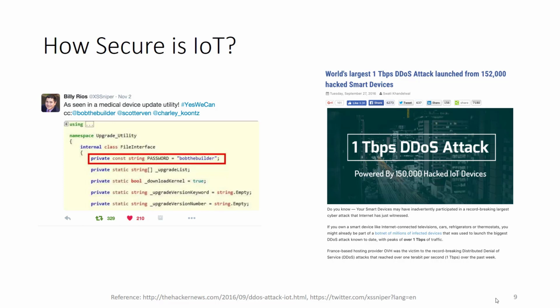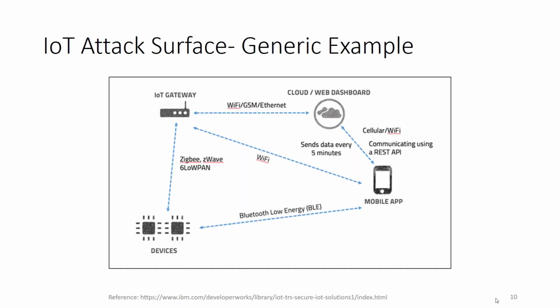It was considered to be the biggest DDoS attack on IoT devices ever. And the vulnerability on these IoT devices was caused by a misconfiguration on all of the IoT devices.